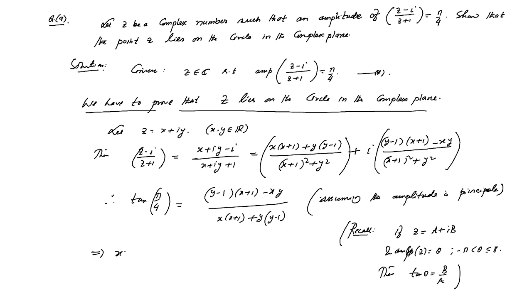So that means xy minus x plus y minus 1 minus xy equals x square plus x plus y square minus y.